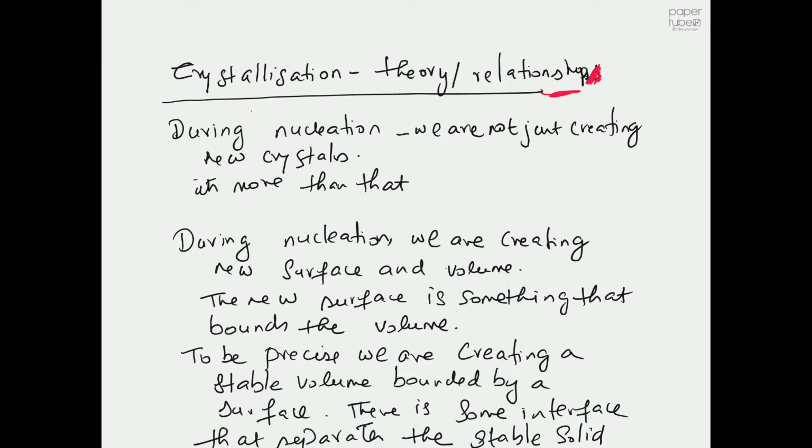We call it the critical radius of a stable nuclei. So we are going to find a relationship that connects a parameter which you can actually measure in the lab with a quantity which we can only imagine in our mind. So we will see one relationship, and then we will see one very important theory in crystallization.